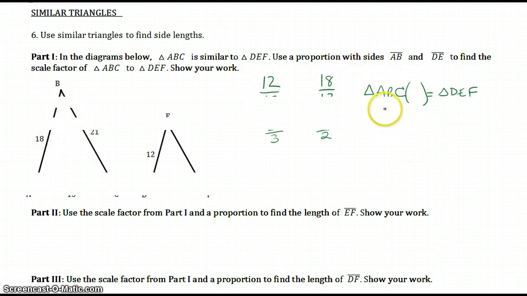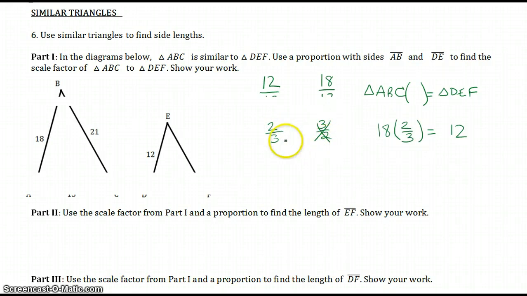So if we're taking a measurement from triangle ABC, like 18, and multiply by something to get 12, which one of these are we going to multiply by? Well, multiplying by 2/3 would make it smaller. Multiplying by 3 over 2 would make it bigger. So we're going to use the 2/3 because that'll make it smaller. So our scale factor is 2/3.